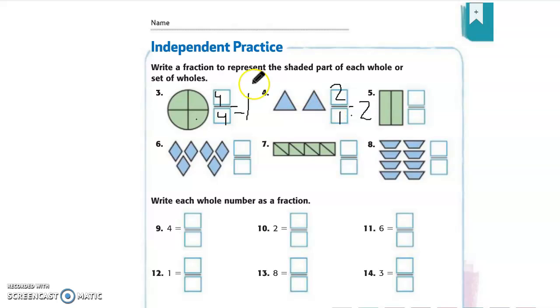Okay? That's what you're going to be doing with the rest of these pieces. Remembering, if they're all connected together, then that's one whole piece, really. If they're separated, then you're counting how many separate pieces we have that are considered a whole.